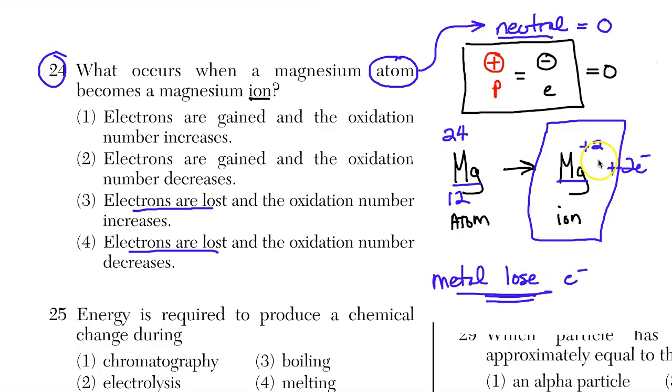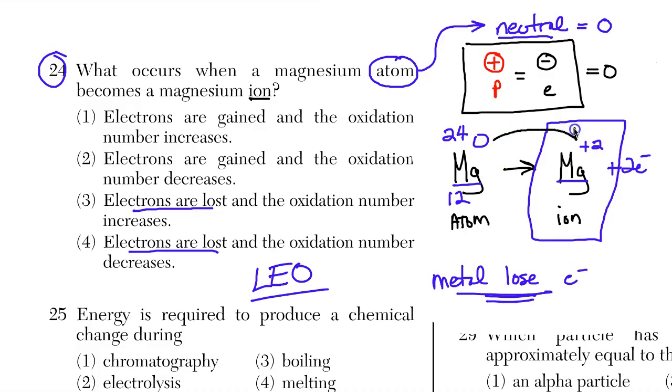They all become positive. Now, what happens to the oxidation number? Well, losing electrons is oxidation. Remember Leo the lion? Hey, Leo the lion. So losing electrons is oxidation. And therefore, in the case we have a regular atom, what's the charge of an atom? Neutral. So you're going from 0 to what? To +2.